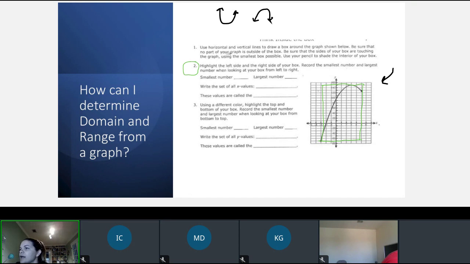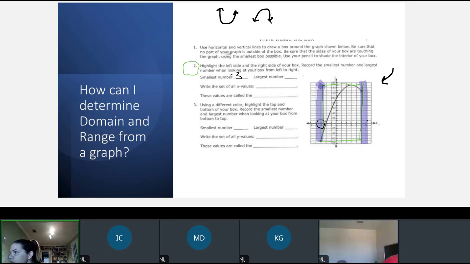Okay, number 2, highlight the left side and the right side of your box. Here's the left side. Here's the right side. Record the smallest number and the largest number when looking at your box from left to right. So what that means is the smallest number of the x values. X value, smallest number would be -3.